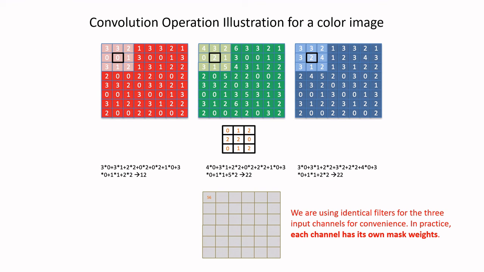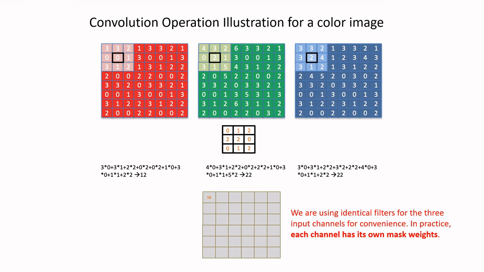Now, what happens when we have color images? Again, this slide shows you how the convolution operation will be carried out for color images. The operation is pretty similar to what we have seen. Only thing to note here is that in this particular slide, we are using identical filters for 3 input channels. And this is being done just for convenience.